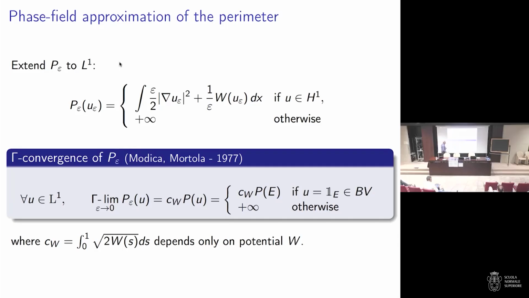So this function is actually exactly the perimeter of the set if the limit function coincides with the characteristic function of the set, and plus infinity otherwise.